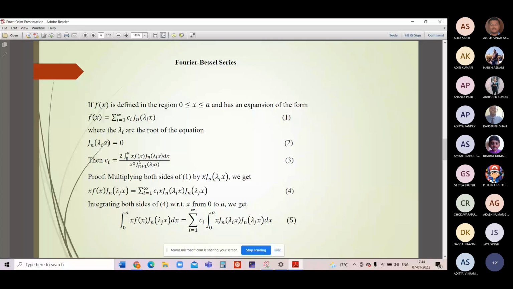We will use the orthogonal property of Bessel functions of the first kind over the bounded interval 0 to a to evaluate the coefficients c1, c2, c3 and so on.